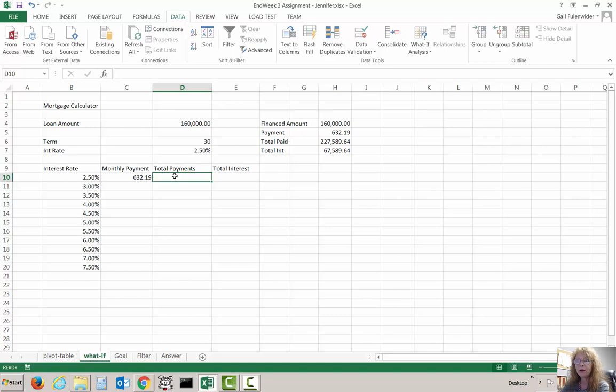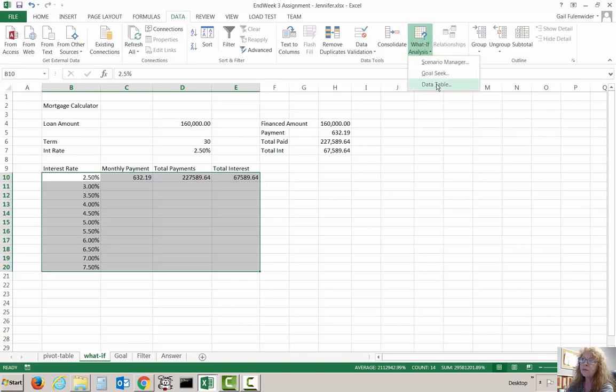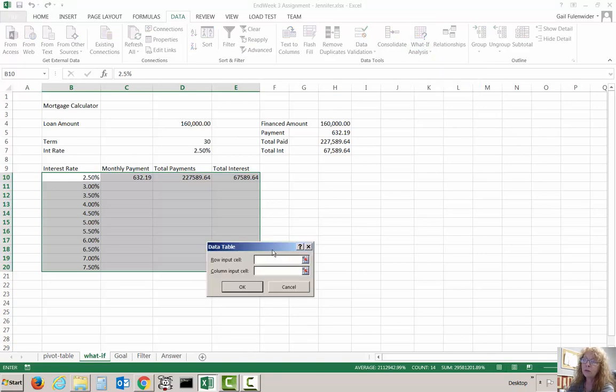My total payments, again, assign, total paid, I'm done with it. Assign, total interest, I'm done with it. Now, I'm ready to select the area that has my data, or will have my data, and has the changing amounts. So I go to my what-if data table.